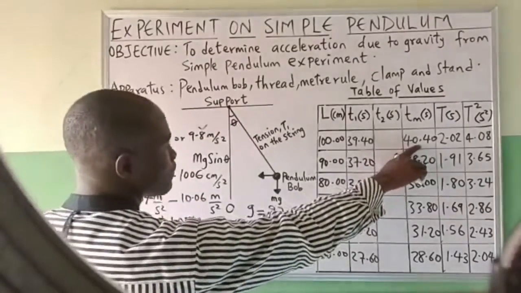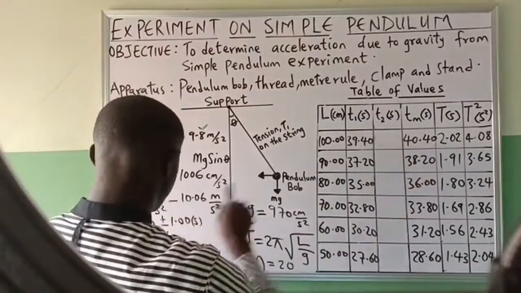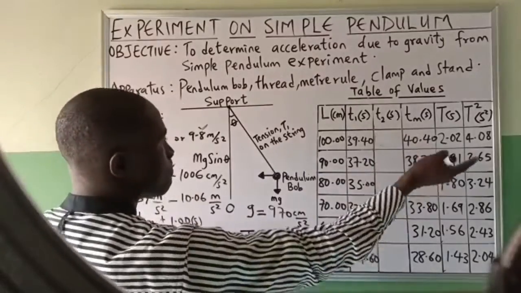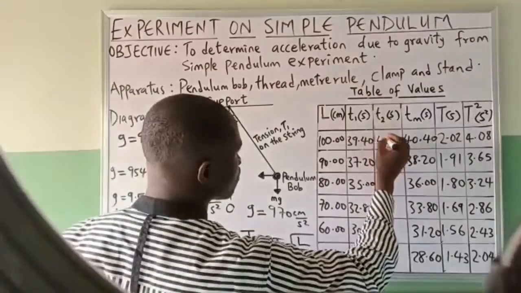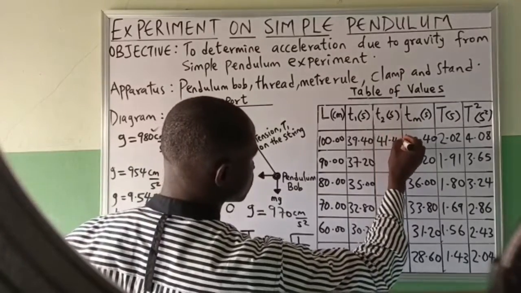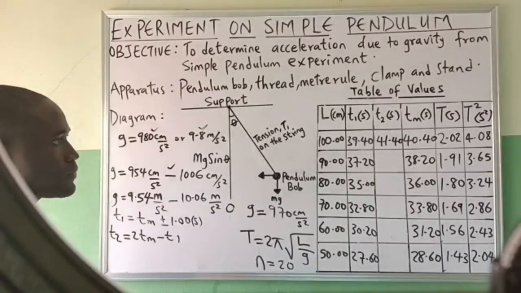Then next, T2 will be equal to 2Tm minus T1. 2 times 40.4 minus 39.4 should be giving us 41.40. Yes.